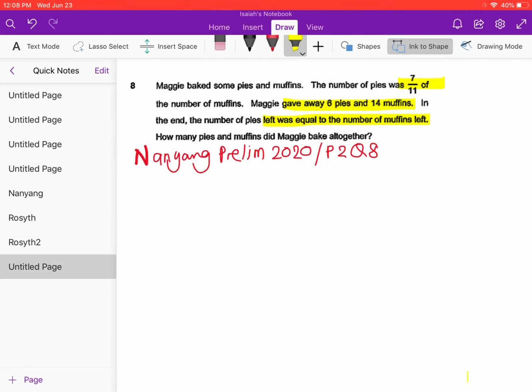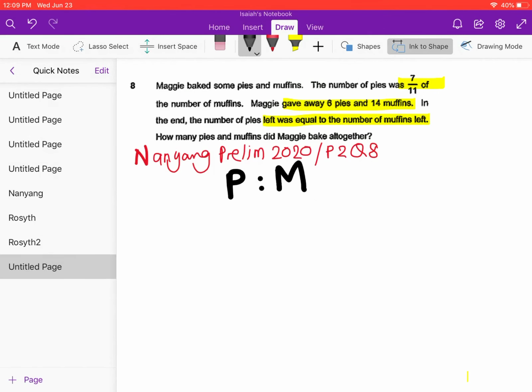Okay. Now, we have some information there. So let us try to put the information down so that we can see what is happening. Let us just use P to represent pies and M to represent muffins.